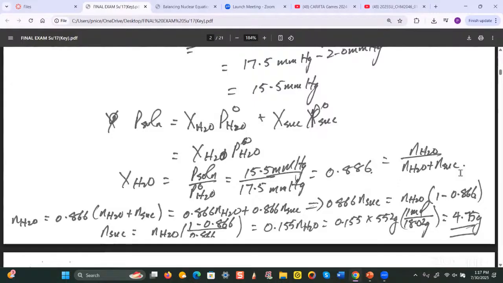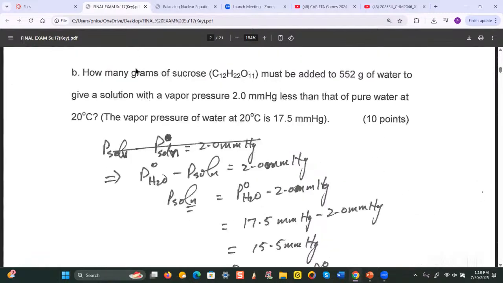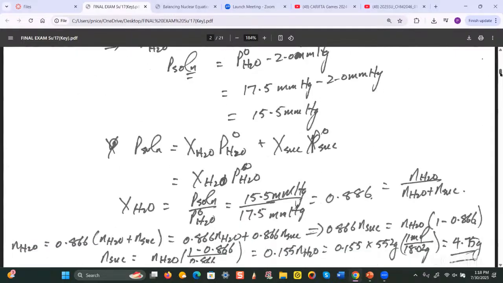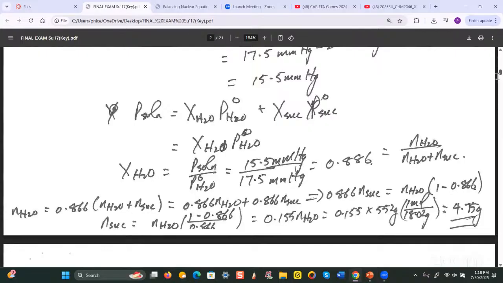And basically from here it is just algebra, because the question is asking, let's go back up here, how many grams of sucrose. Now, all we have to do from here is solve for the number of moles of sucrose. So a lot of algebraic manipulation will be required. At this stage you multiply the 0.866 by this sum total here, and we end up with this, and that would be equal to the number of moles of water, which is this right here.